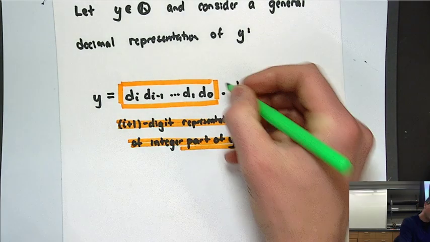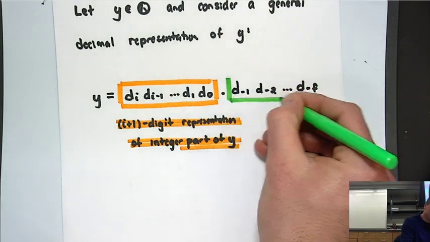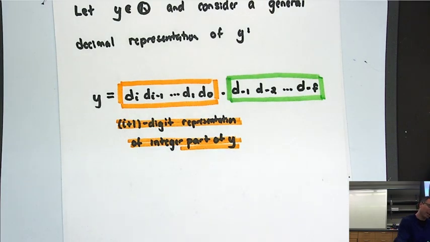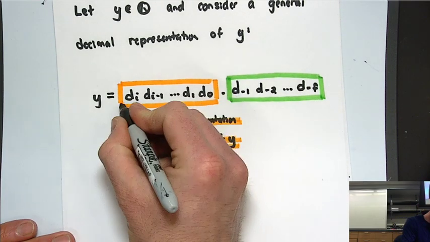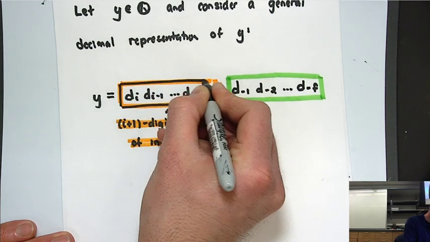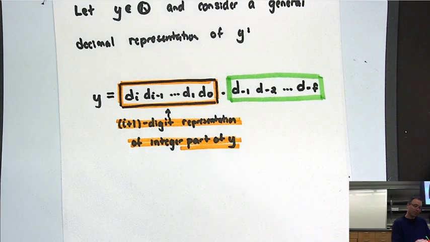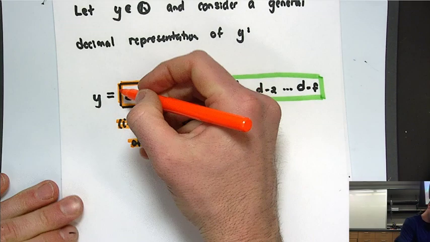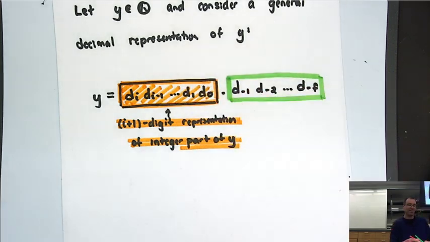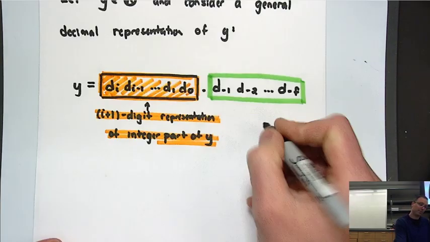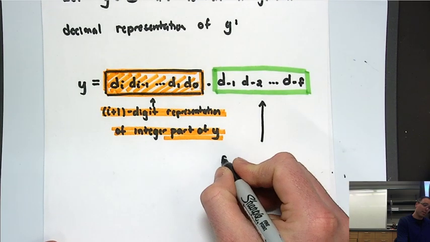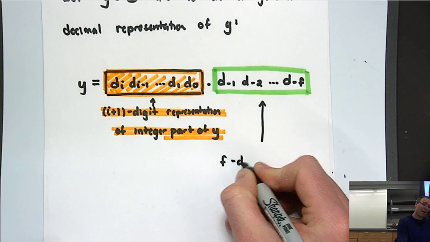Okay, and then we'll let green be the fractional part. Could you guess what we're going to call this one? Yeah, that's crazy, right? So this is an F.